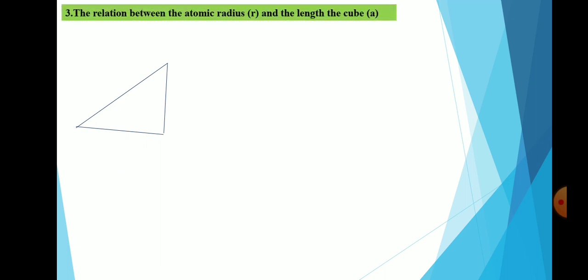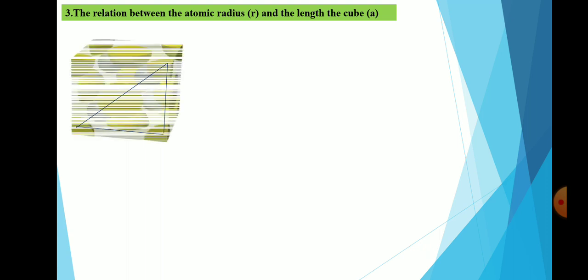Move on. 3. We have to find out the relation between the atomic radius r and the length of edge of cube, that is a, in case of FCC.